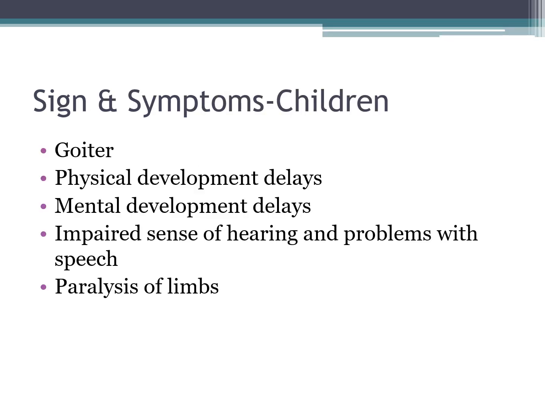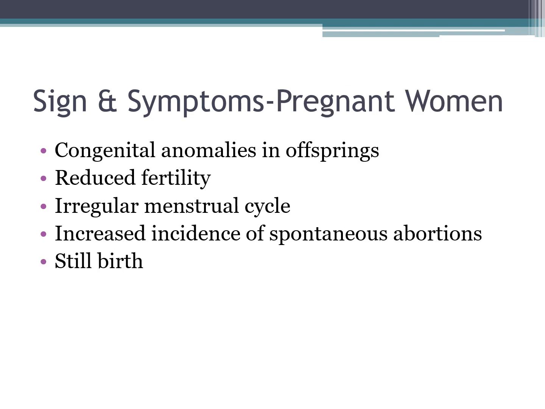So what are the signs and symptoms? There is development of goiter, physical development delays, and mental development delays. The patient would have short stature if it develops at an early age, impaired sense of hearing, and problems with speech. In pregnant females, there is more chance of developing congenital anomalies. There could be increased incidence of abortions and stillbirth.